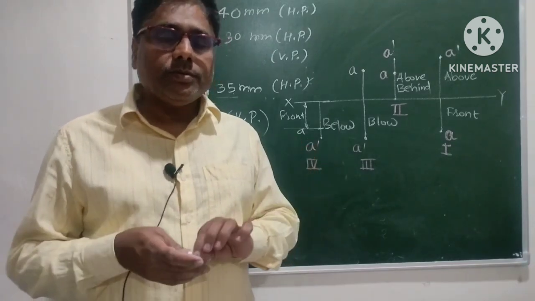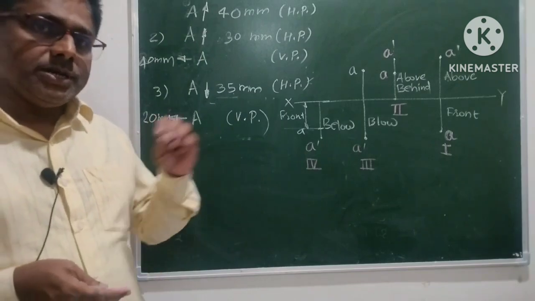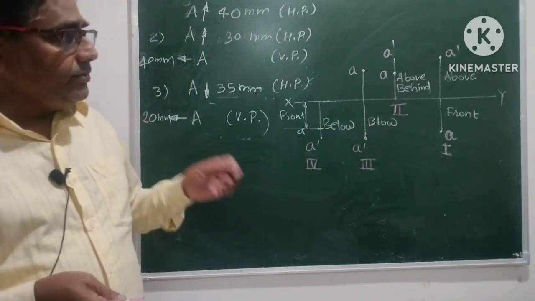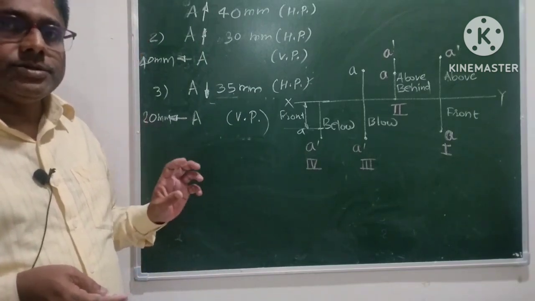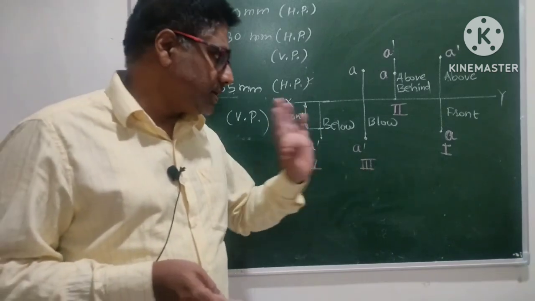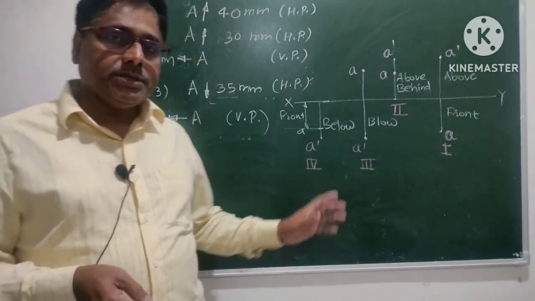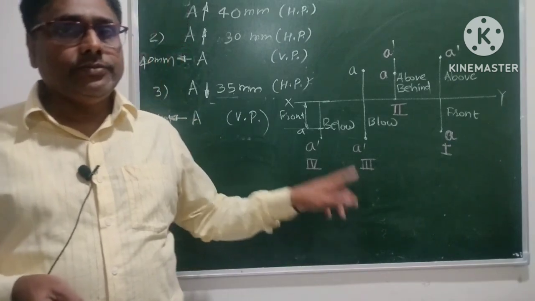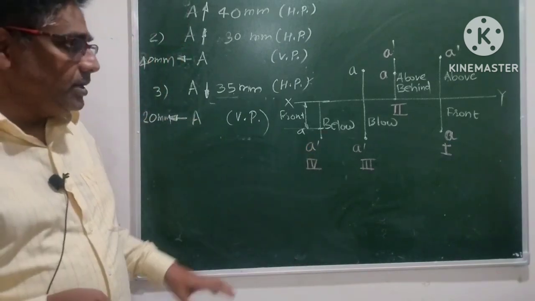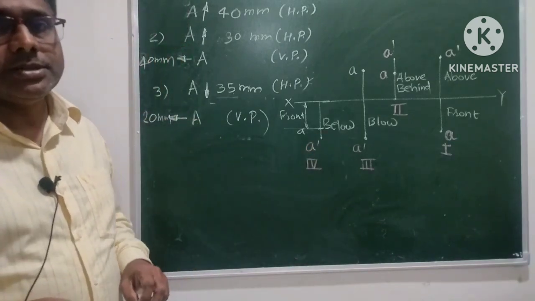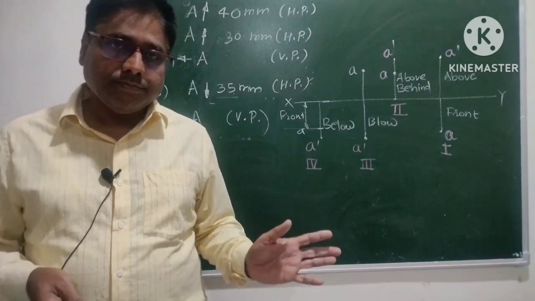What is the first angle method of projection? When the object is placed in the first quadrant and the views are drawn, then it is called the first angle method of projection. And what is the third angle method of projection? When the object is placed in the third quadrant and the views are drawn, front view and top view, then such a projection is known as the third angle method of projection.